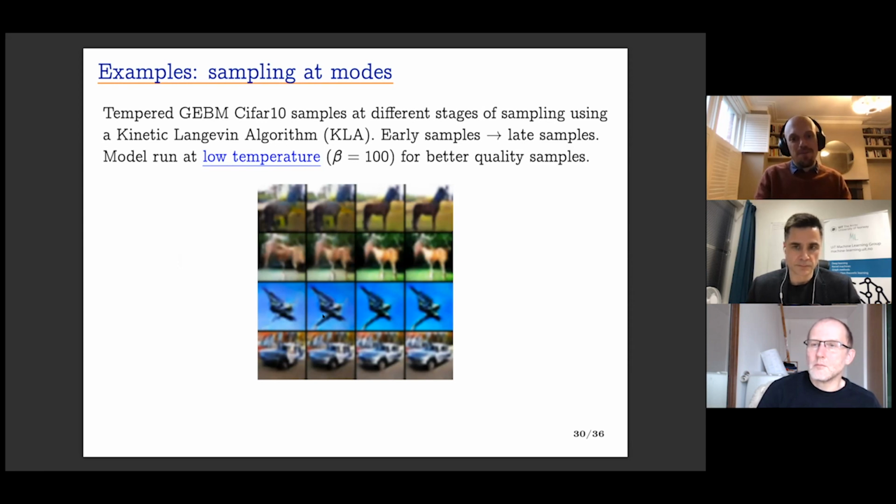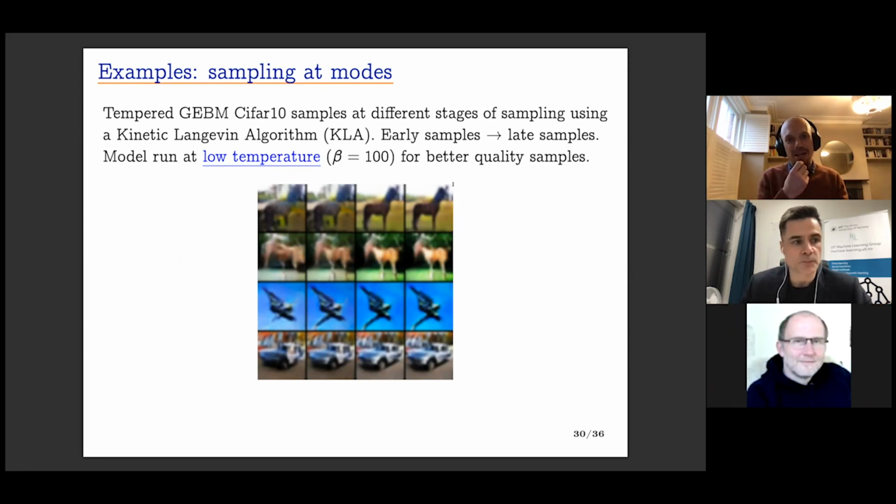What we found, for the purpose of getting very good quality images, is that it really helps to have the temperature low, which is to say that this topological surface should have very, very deep valleys. Which means that the ball bearing spends a lot of time at the very peaks of these surfaces, which are visually the most appealing images.